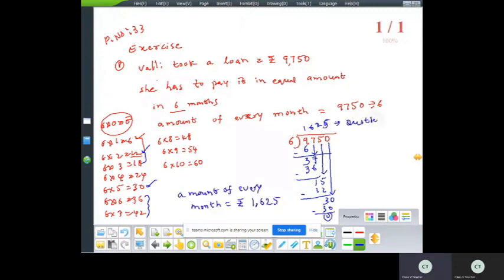And remainder is always lesser than divisor. Yes, 0 is lesser than 6. Is it correct? Yes. Now she has to pay 1,625 rupees every month. The amount of every month is 1,625 rupees.